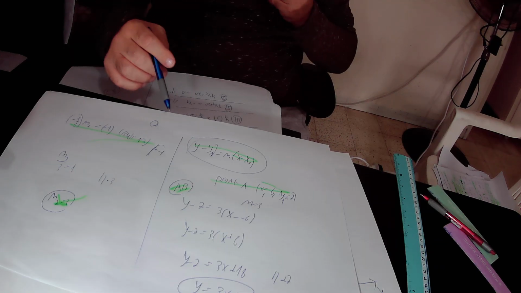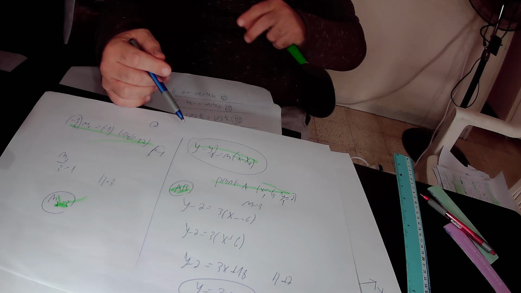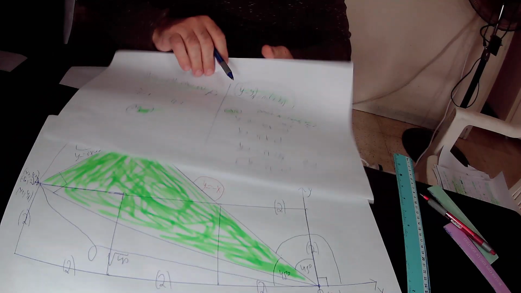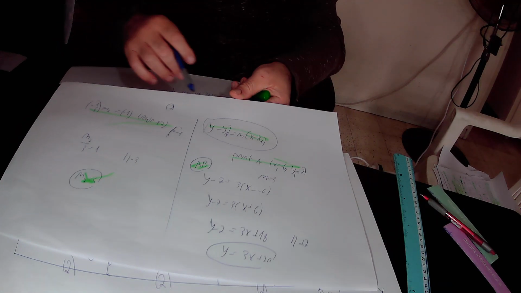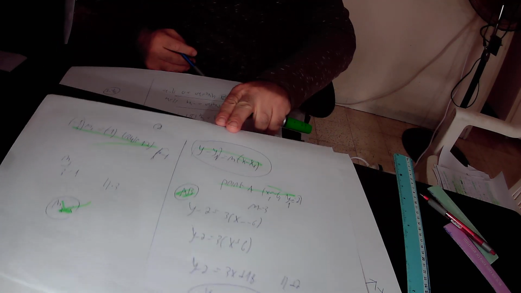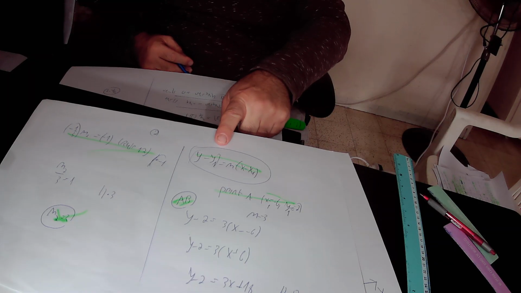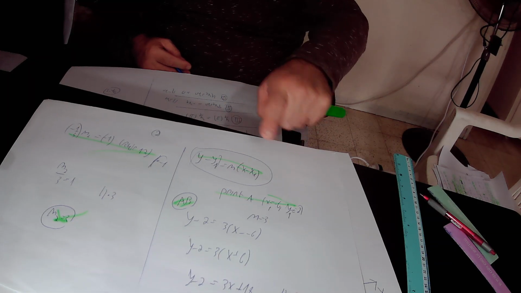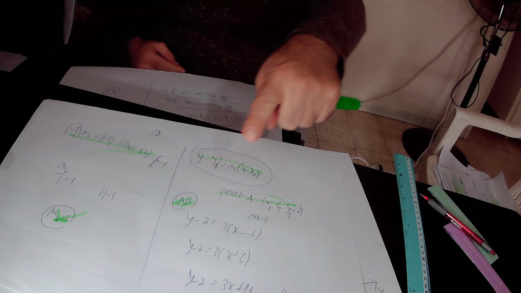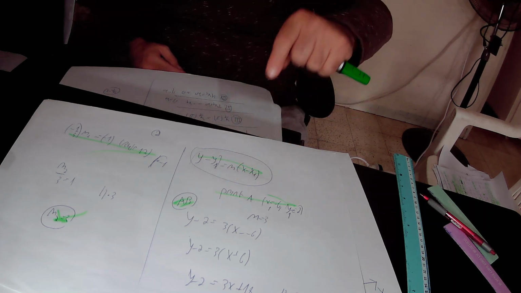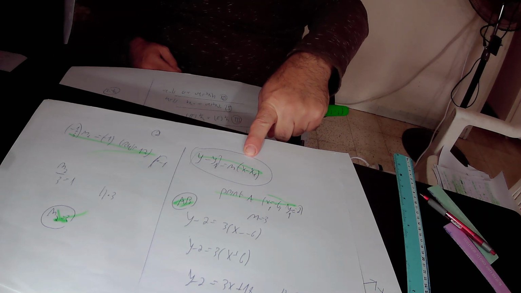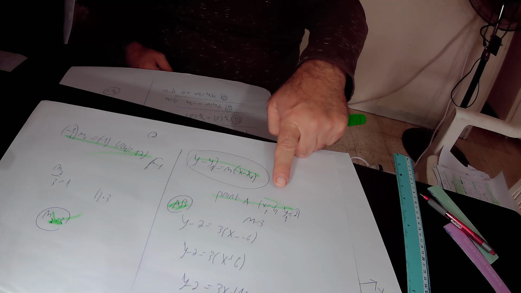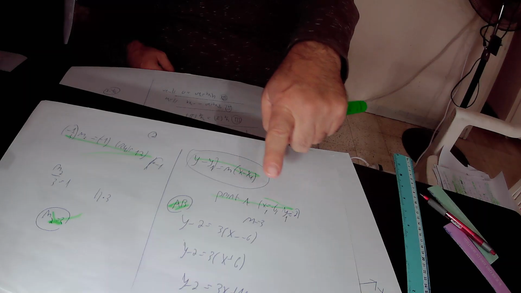So just put the data of the straight line AB inside this formula, and we find that y minus y1, where y1 is 2, so y minus 2 equals m, which is 3, times x minus x1. x1 is minus 6, so it is x minus minus 6.